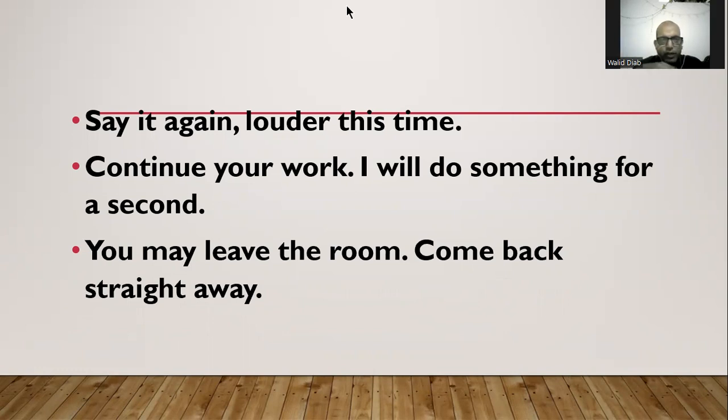You know that students, when they get out, they move around, stay here and there and come late. So you are emphasizing this, making sure that he or she will come back quickly. You may leave the room, come back straight away.